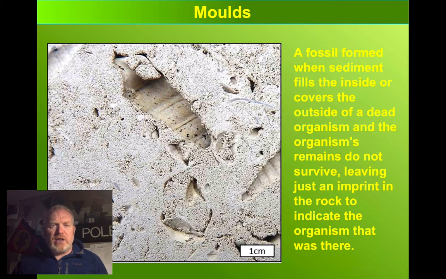The features of that shell are actually preserved as this negative impression in the limestone. But the original shell material, all the original animal, has gone. That shell material has been dissolved away by groundwater passing through the rock. This creates a mould of the fossil.